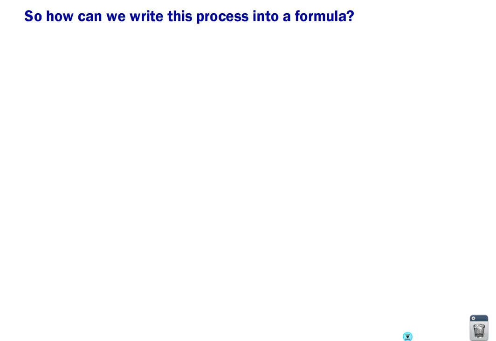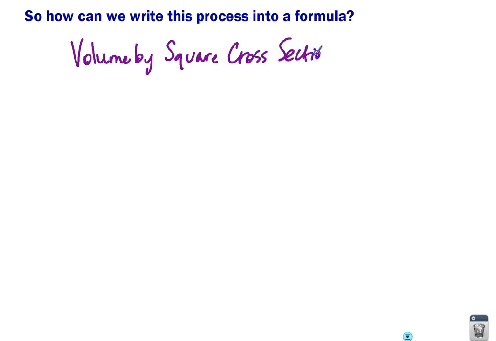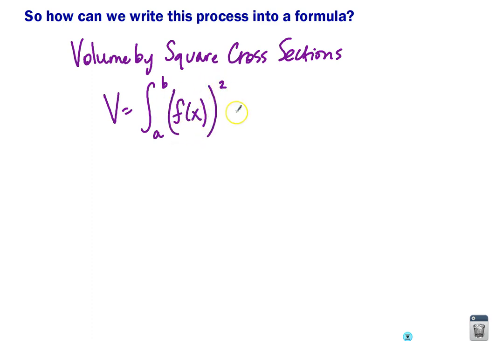So how could we write this whole process into a formula? If we were doing volume by square cross sections, the formula is going to be the integral from a to b of your function squared with respect to x.